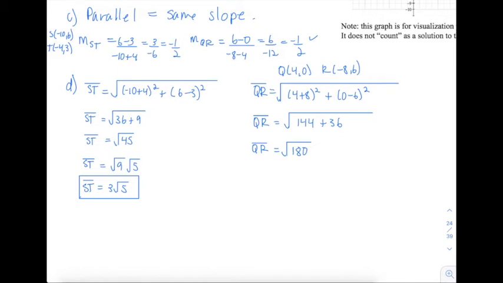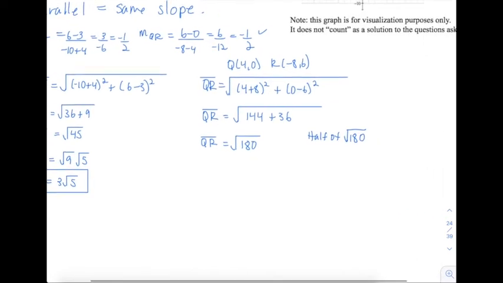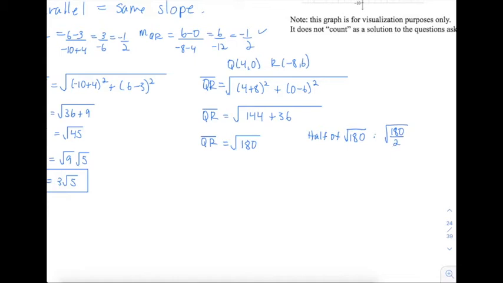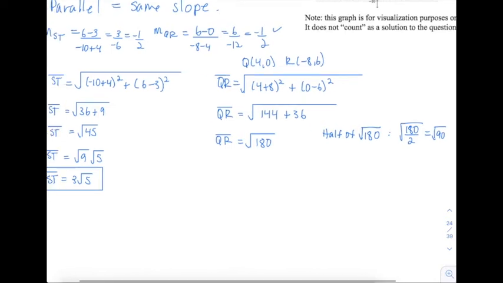Now let me give you what the common mistake is. If I want to take half of root 180, what students sometimes do is this, and they tell me that it's root 90. This is not true, okay?